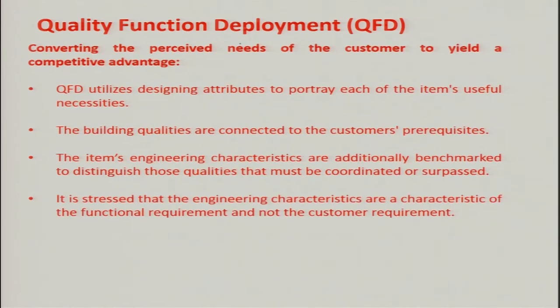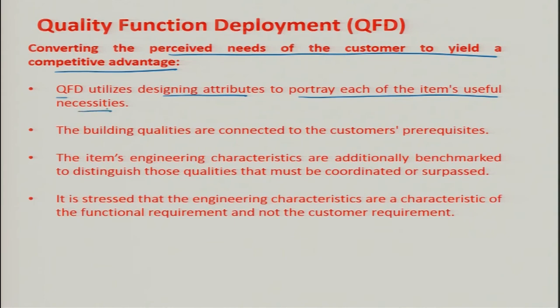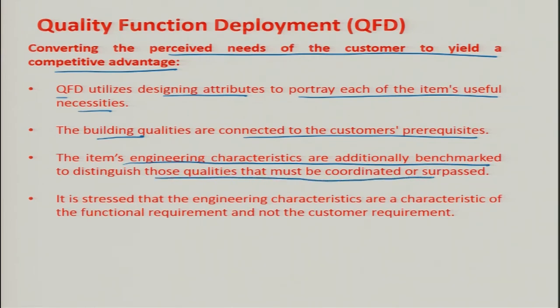Quality function deployment is converting the perceived needs of the customer to yield a competitive advantage. QFD utilizes engineering attributes to portray each of the item's functional necessities. It helps in binding qualities that are connected to the customer prerequisites. The item's engineering characteristics are additionally benchmarked to distinguish those qualities that must be matched and surpassed.